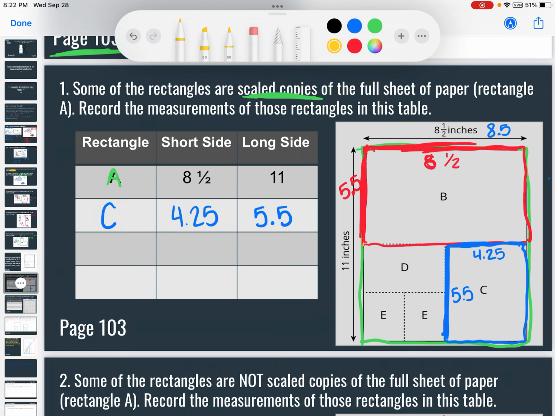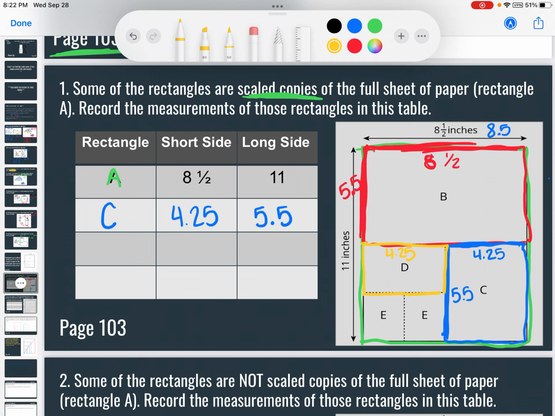Now we'll move on to D. It's in yellow, not the best color, but it'll work. D again looks like I still have half of my short side. I have the other half that C had, so this is 4.25, half of the short side. And the long side looks like I only have a fourth, right?